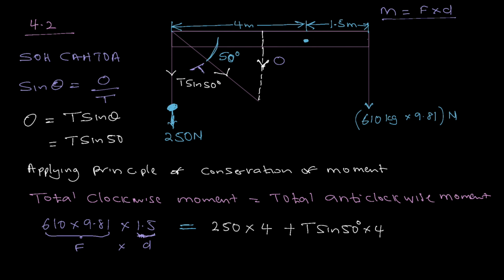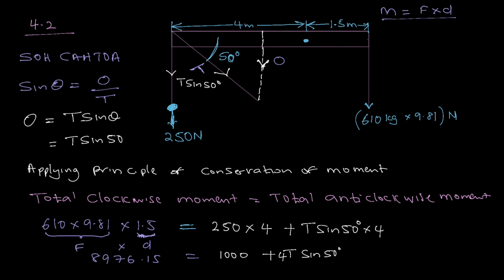So this one now equals 8976.15, and that equals 1000 plus T sine 50 times 4, so that would be 4 T sine 50.